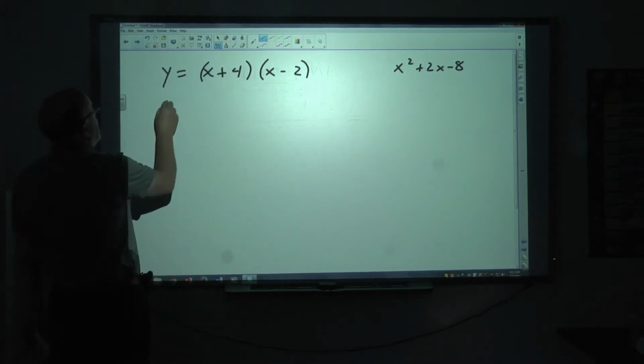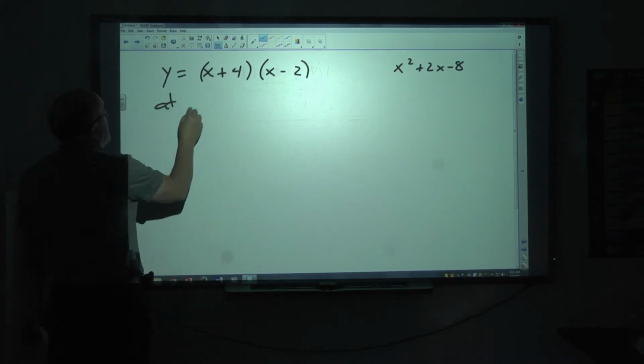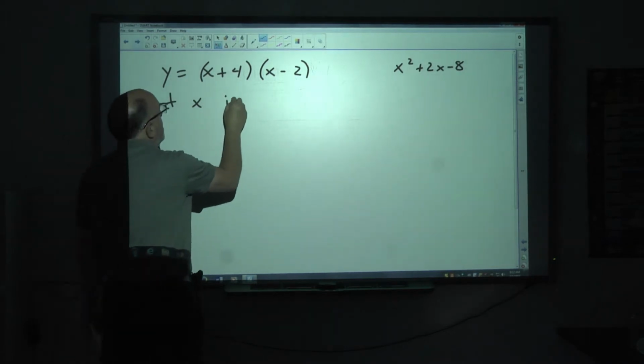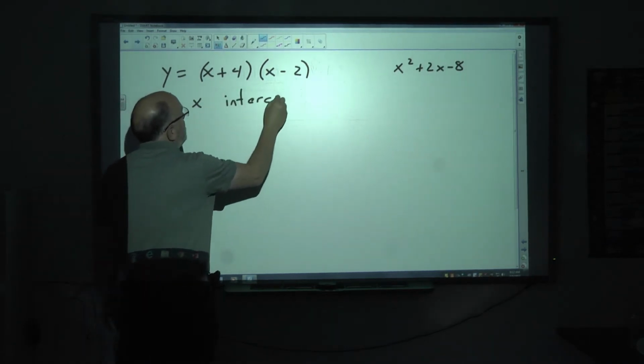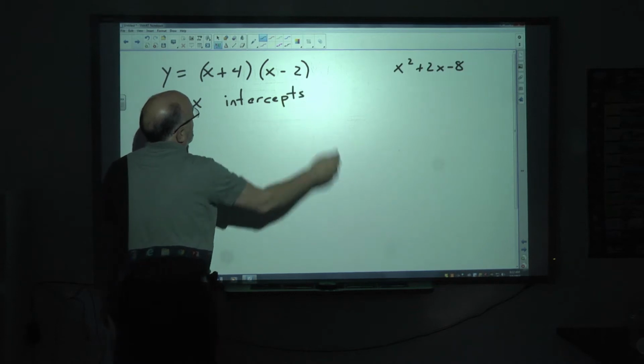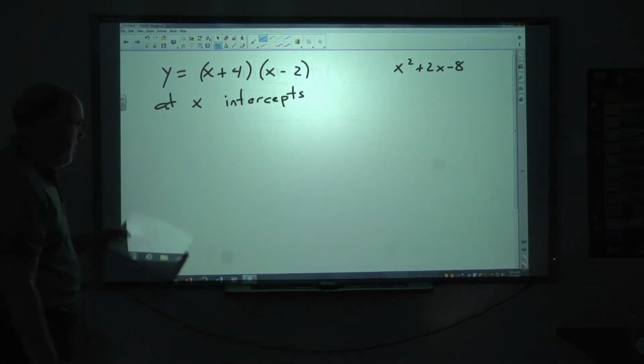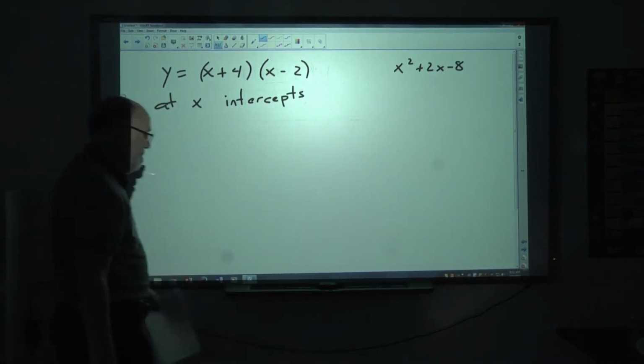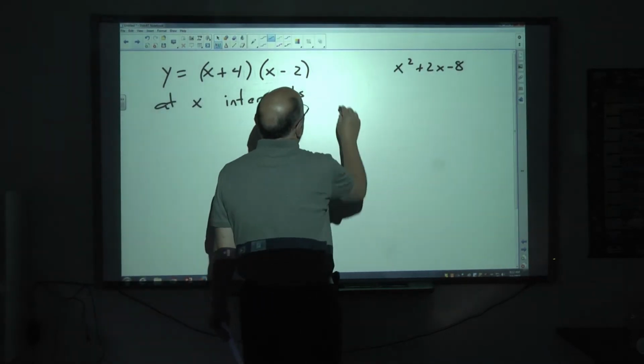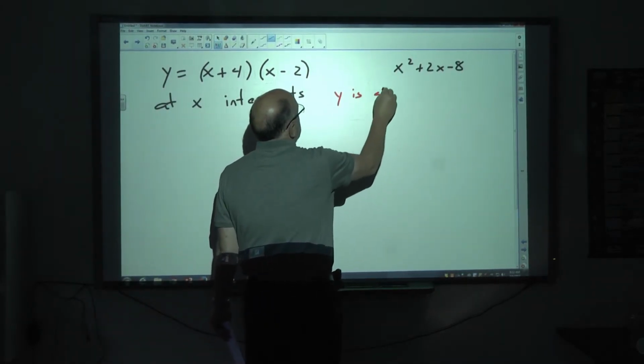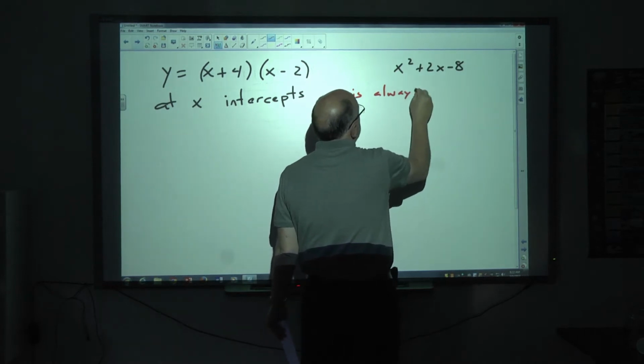So I want to figure out what's going on in this graph and this equation. First off, let's find the x-intercept. The x-intercept is where the graph cuts the x-axis, and at the x-intercept, y is always 0.